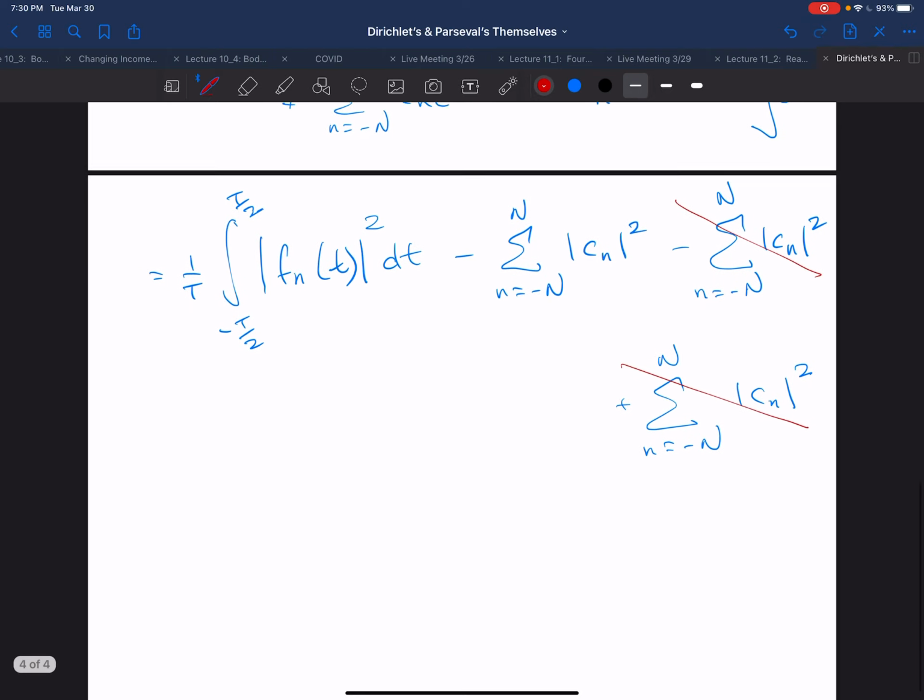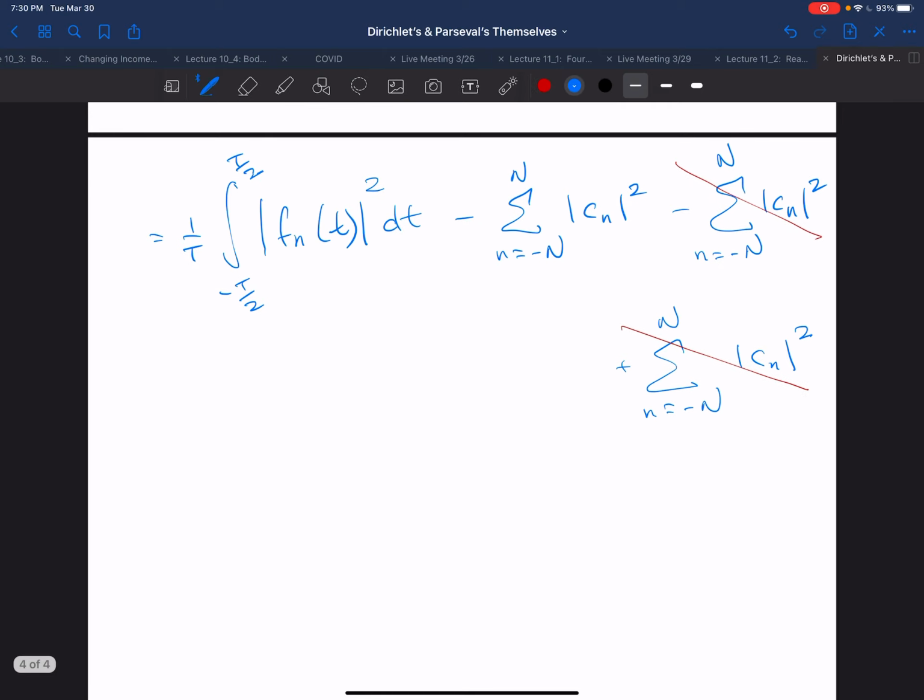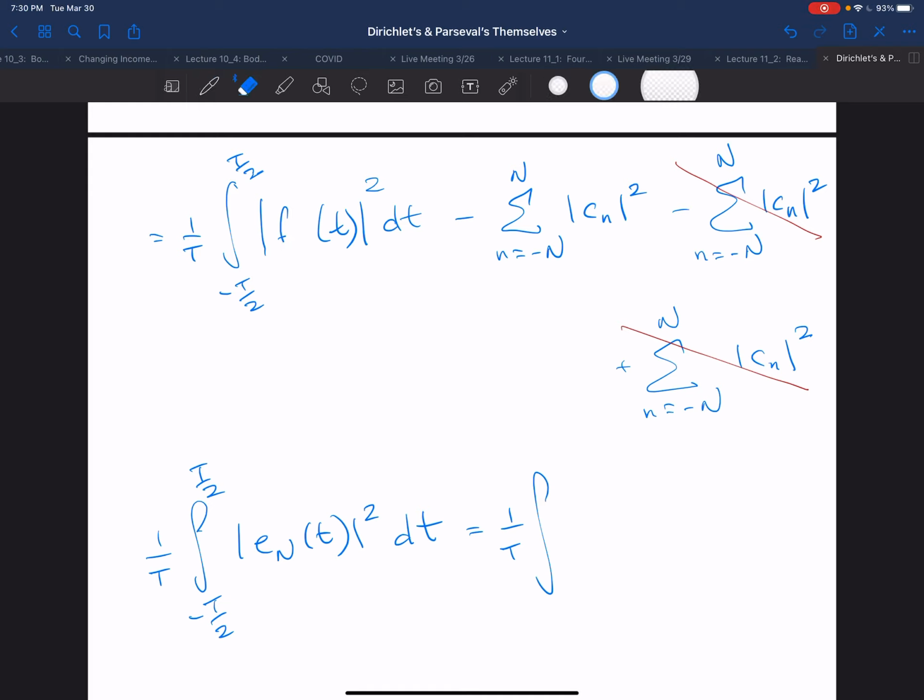So we're left with the fact that the average power in our error signal equals the average power in f itself.